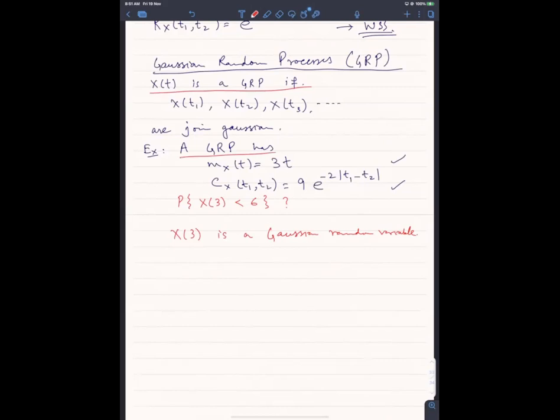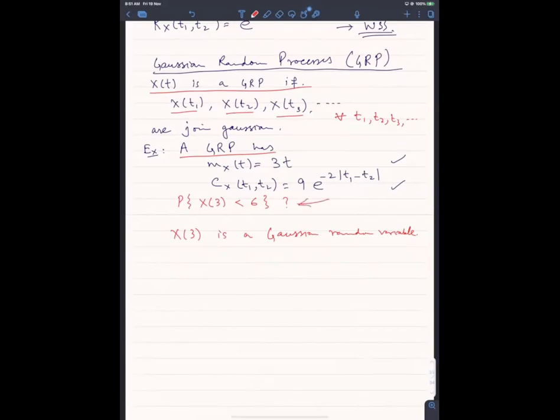If it is a Gaussian random process, then X(t1), X(t2), X(t3) are all jointly Gaussian for all t1, t2, t3, etc. It cannot happen that two things are not individually Gaussian and yet jointly Gaussian. They will be individually Gaussian as well, which means X(3) is a Gaussian random variable.